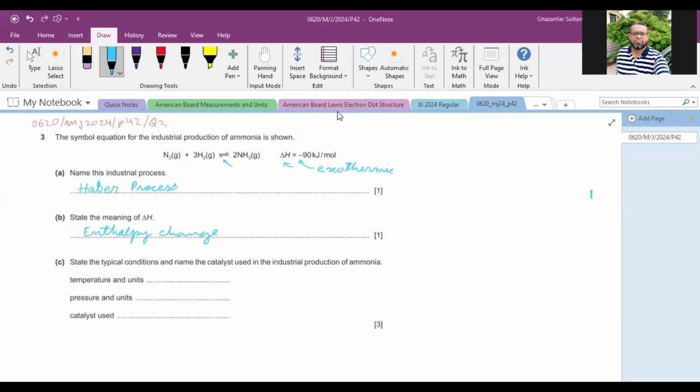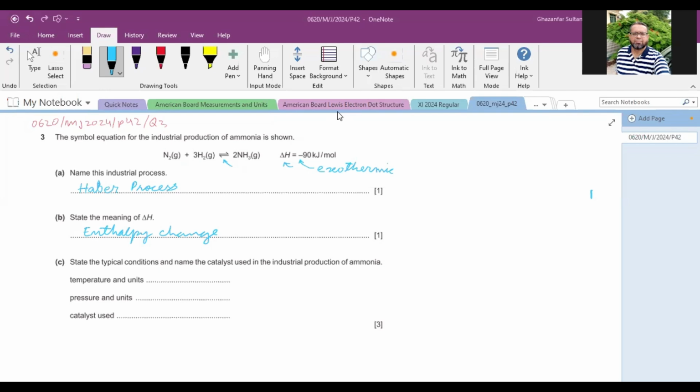This negative sign emphasizes that this is an exothermic reaction, and exothermic reaction means the energy is being released. And if energy is being released, it means the product has lesser potential energy as compared to the reactant. So that's why the excess of energy is released.